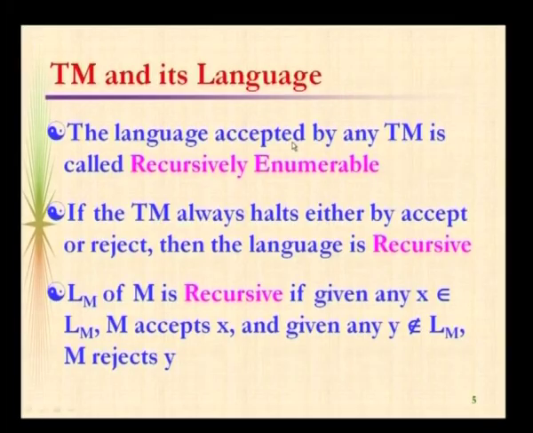Based on this, we will be defining two classes of languages. One is called the recursively enumerable language and another is called the recursive language. Generally, the language of a Turing machine is considered a recursively enumerable language. If the Turing machine accepts some language, then we call the language recursively enumerable.